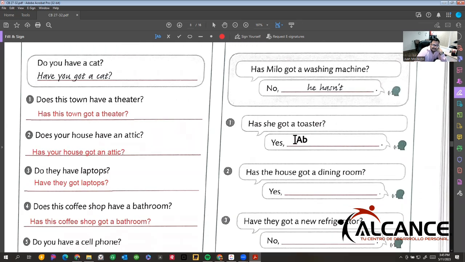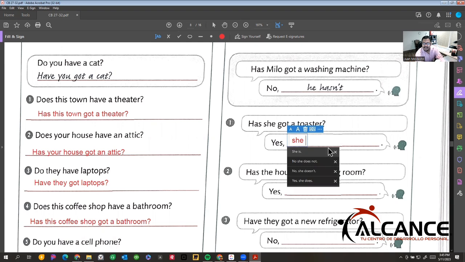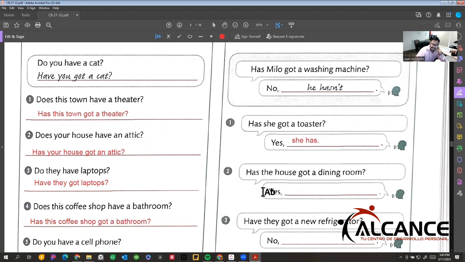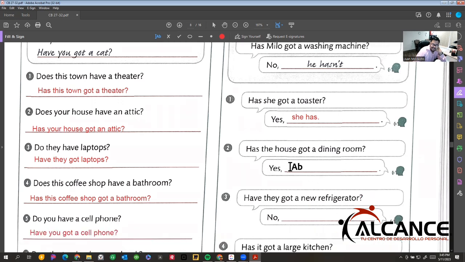Has she got a toaster? Yes, she has. Has the house got a dining room? Yes, it does.